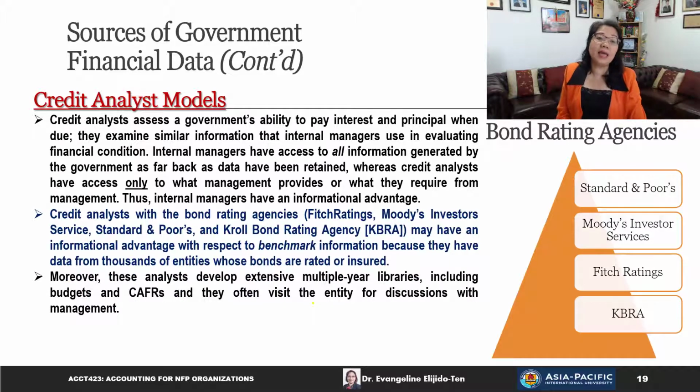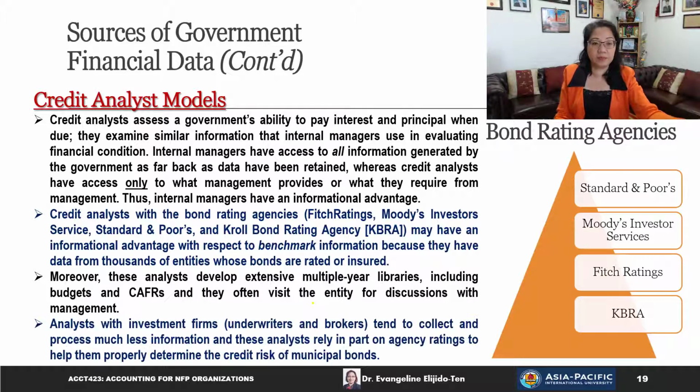Moreover, these analysts develop extensive multiple-year libraries, including budgets and CAFRs, and they often visit the entity for discussions with management. And a lot of these credit analysts focus on just a few government bodies, so they can focus more attention on collecting data that are not just available to the internal managers, but also data from other sources.